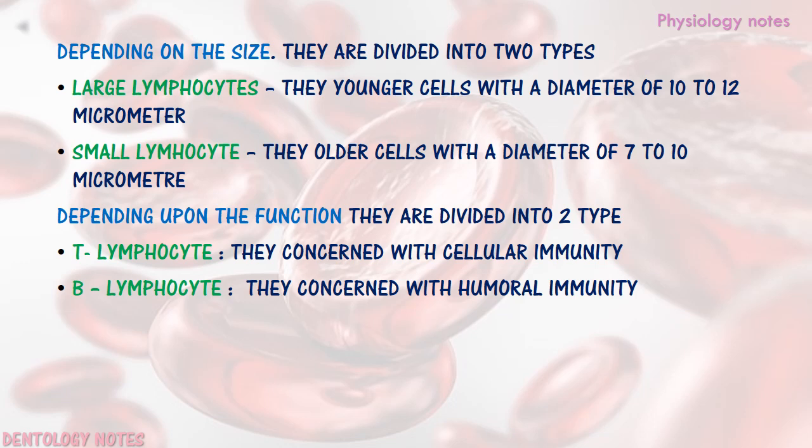Large lymphocytes, younger cells with a diameter of 10 to 12 micrometer. Small lymphocytes, older cells with a diameter of 7 to 10 micrometer. Depending upon the function they are divided into two types. T lymphocyte, concerned with cellular immunity. B lymphocyte, concerned with humoral immunity.